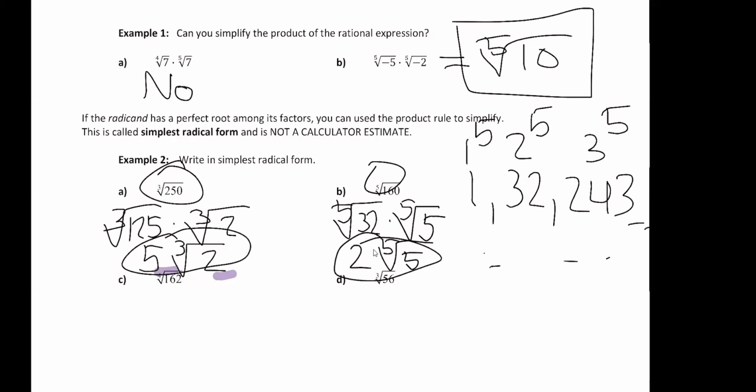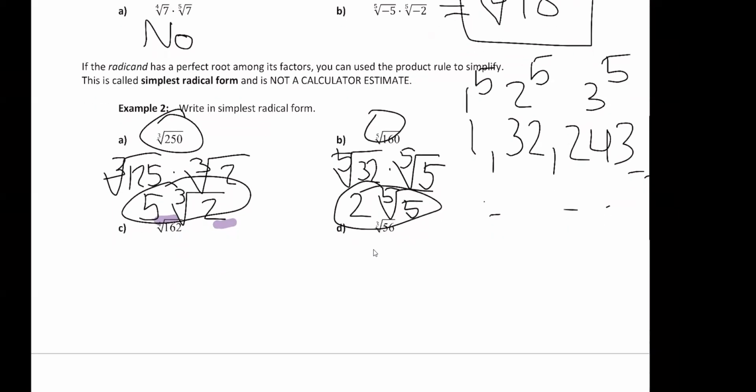You want to check which one of these perfect fifths divide into your original number. Since 32 divides into 160, you could rewrite this as the fifth root of 32 times the fifth root of 5. And then since the fifth root of 32 is just 2, you can simplify it. I don't know if that makes sense, but how about you guys try part C and part D?